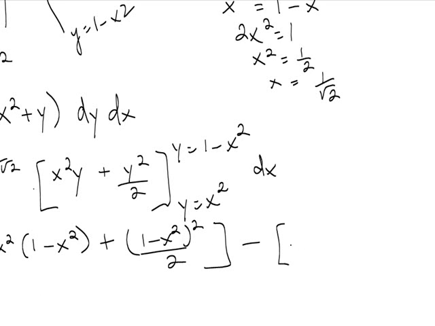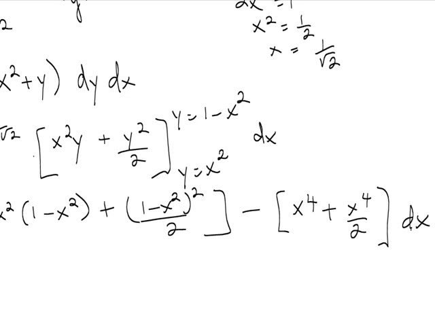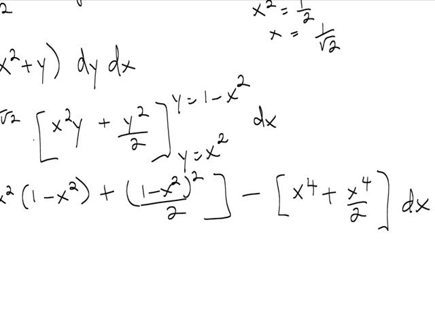Minus, put x squared for y now, that is x to the 4th, plus x to the 4th over 2. Simplify that. Now I will allow you to put all of this into your calculator. And you will get the integral from 0 to 1 over square root 2 of a half minus 2x to the 4th dx. Makes it really nice.